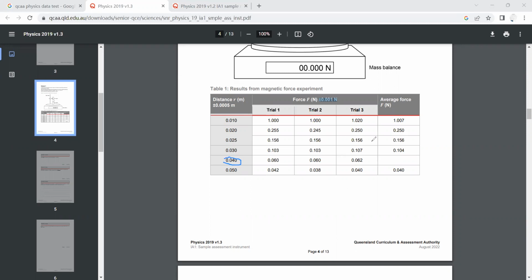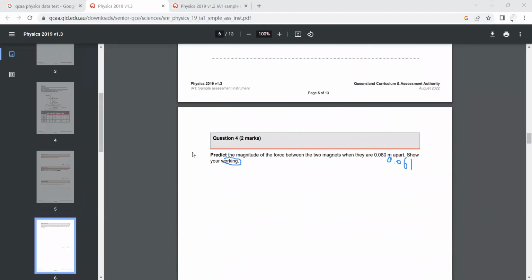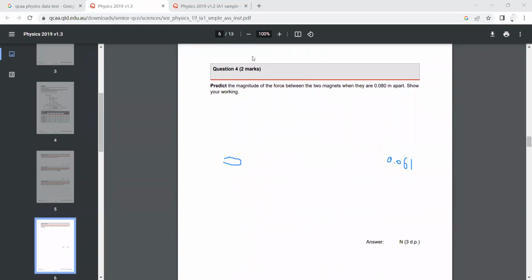And we know this is 0.061. Here is a two marks question.